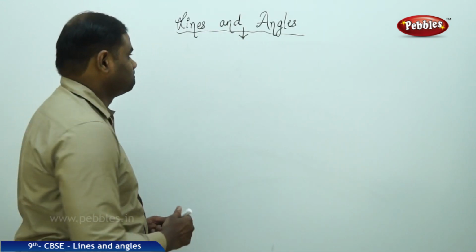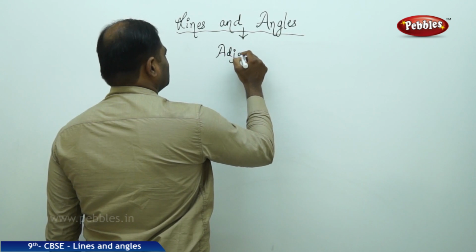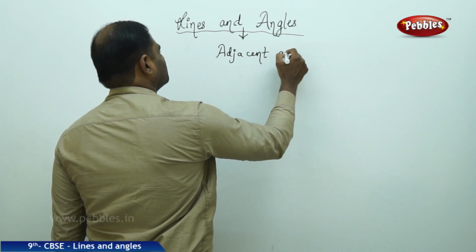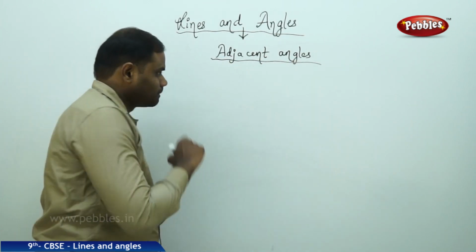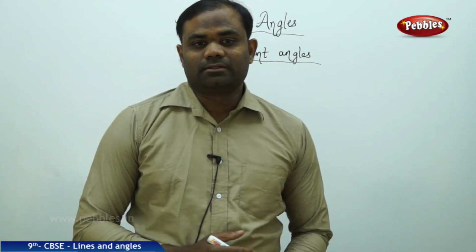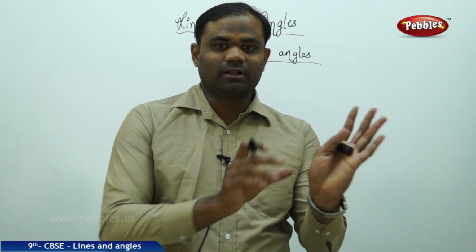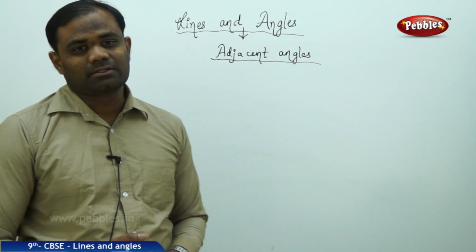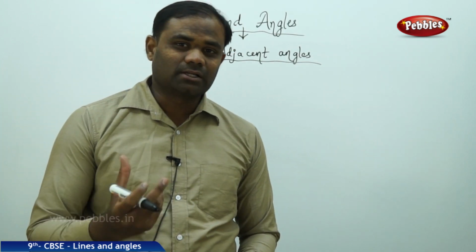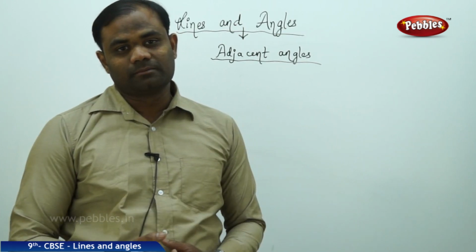For example, initially I have adjacent angles. What are adjacent angles? The word adjacent means one beside the other. Therefore, when we take two angles, the rule is that the two angles are said to be adjacent when one is exactly beside the other.